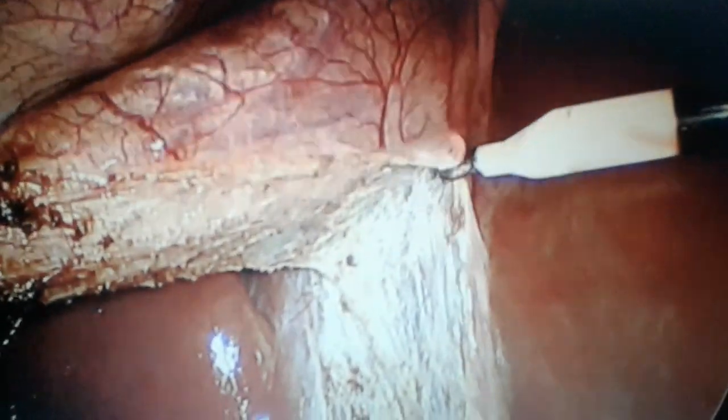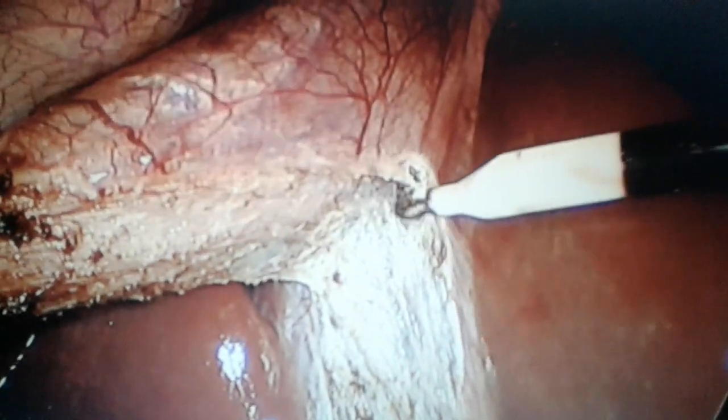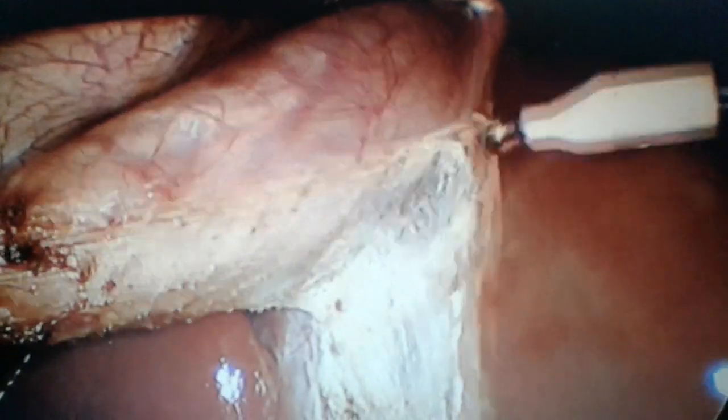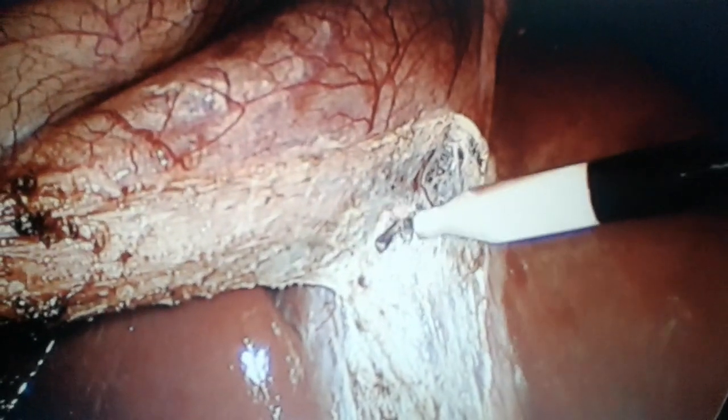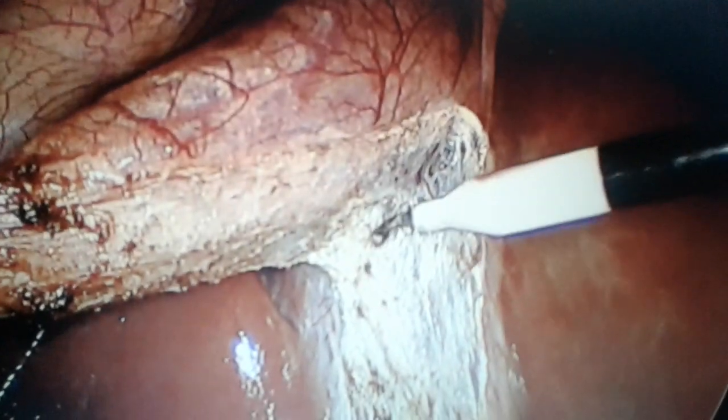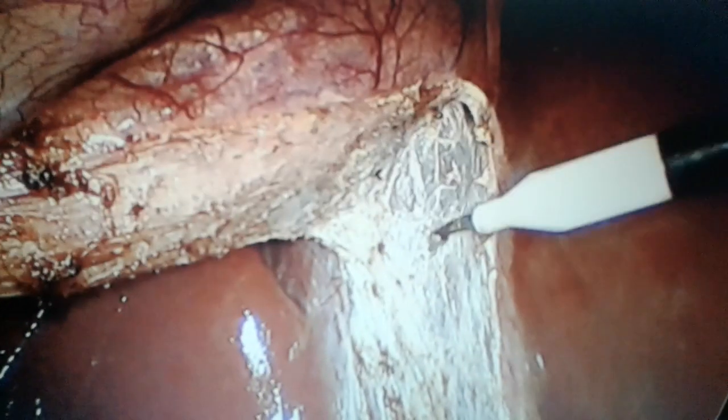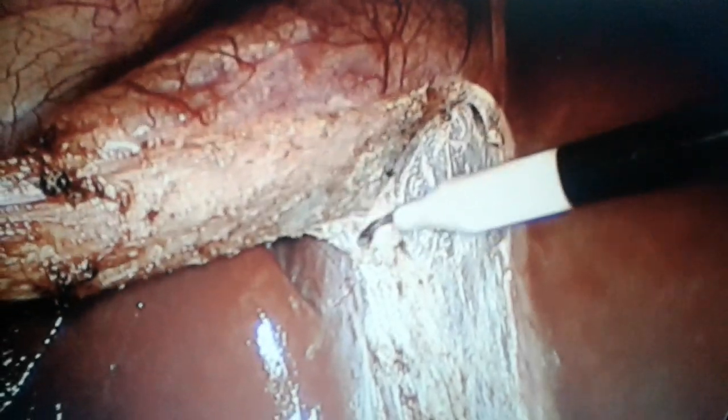Now, I was talking about what are the various problems that do occur during laparoscopic cholecystectomy. Till now, everything is fine. Let's see what happened next.